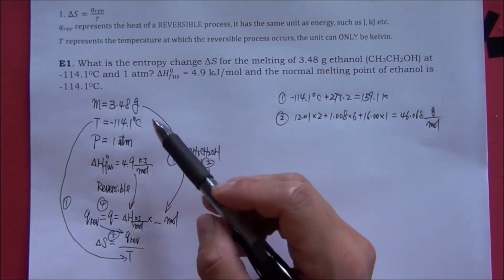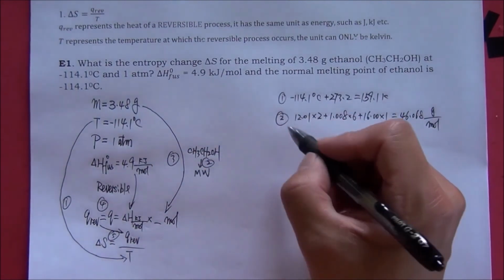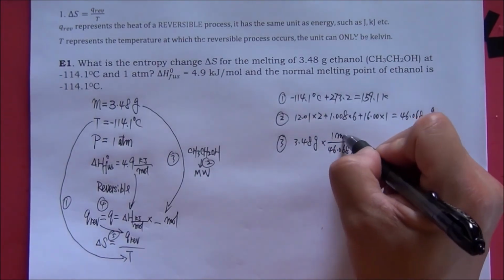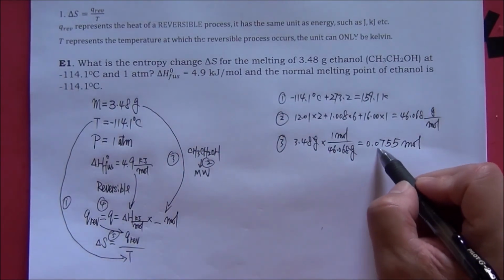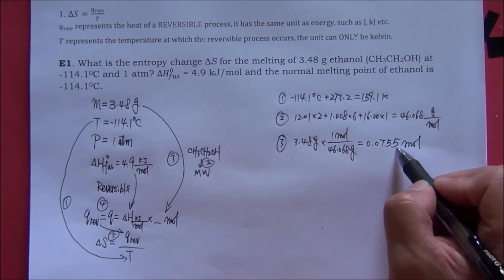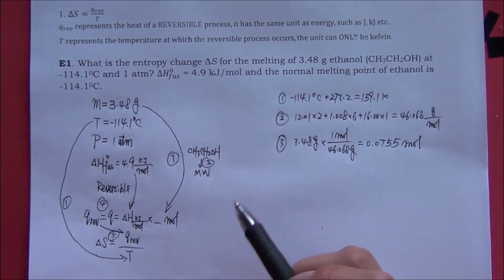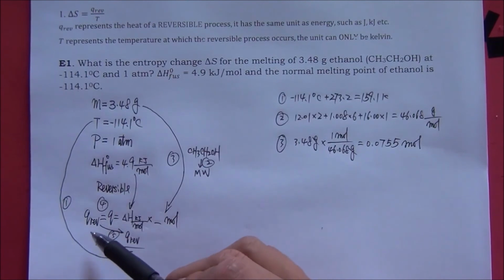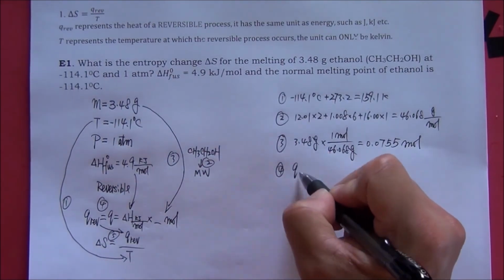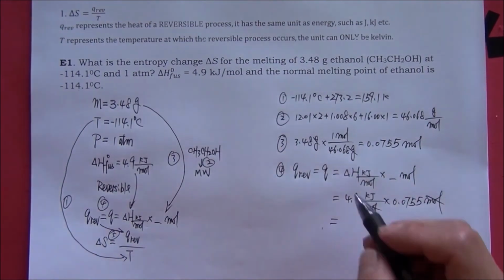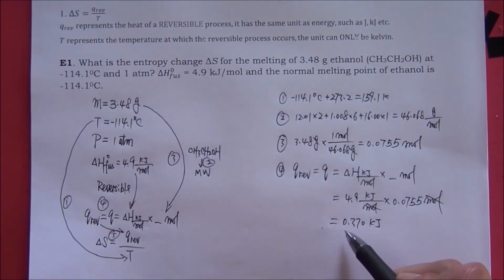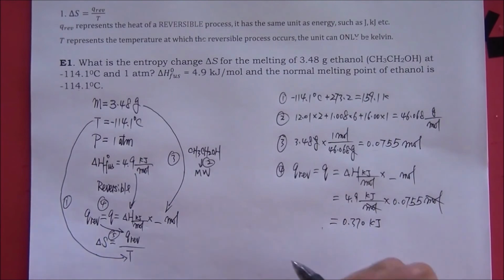Step 3. We will convert the mass to moles. After our calculation, we get 0.0755 moles of ethanol. Step 4. We will calculate Q reversible. The heat is 0.370 kilojoules.